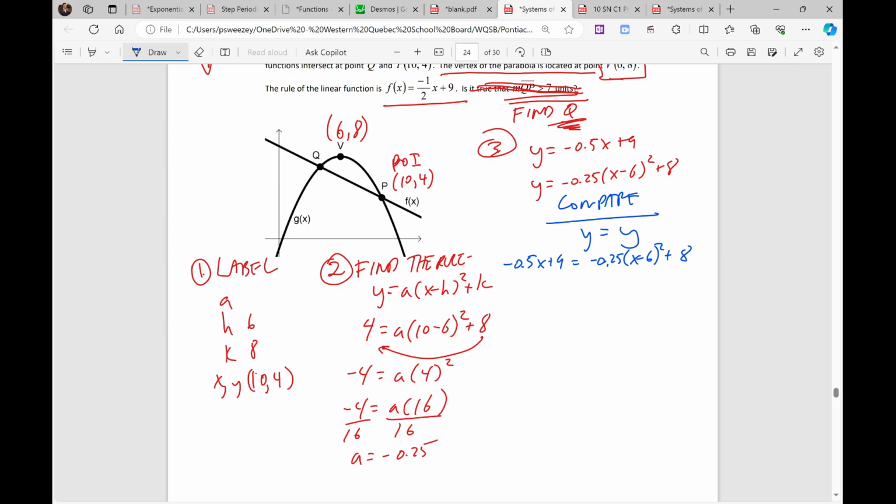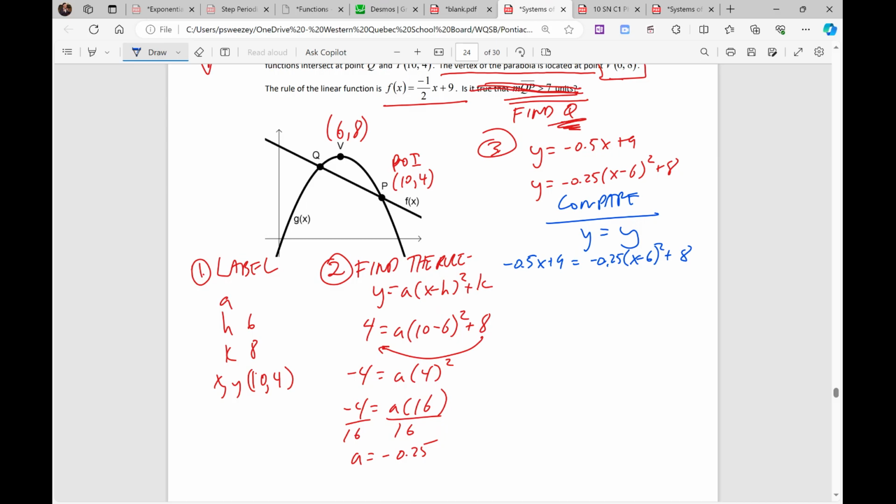So that 10 and 4 is on both of those functions. So if we can set these up in a way where their y is equal to y, at that point, we know we're going to be able to find out the x's because they're shared points of intersection. Let's call it that way.